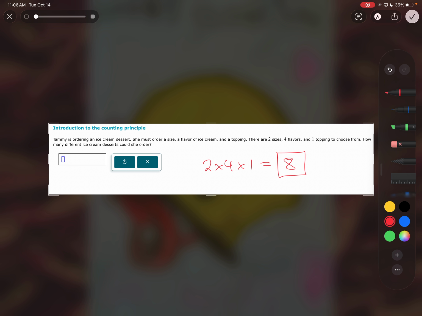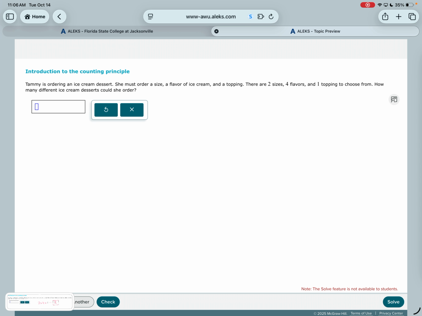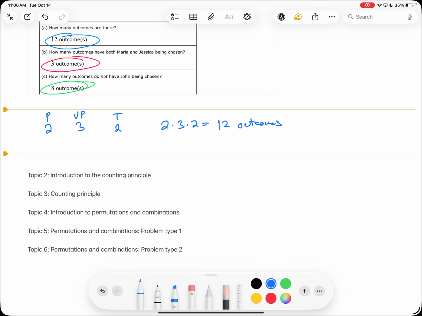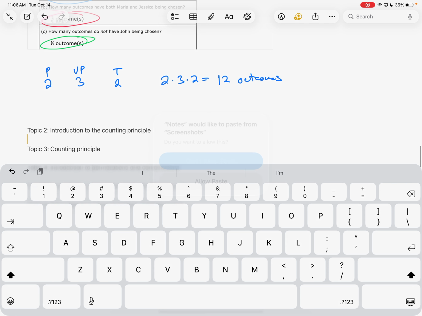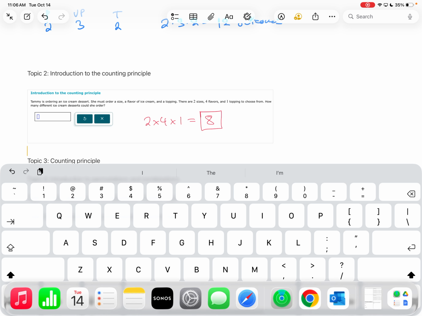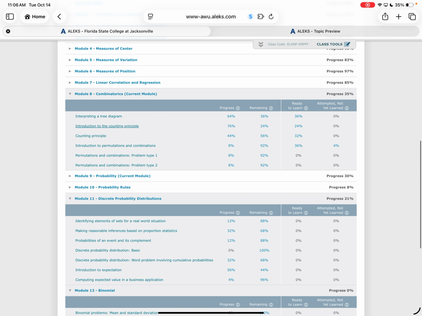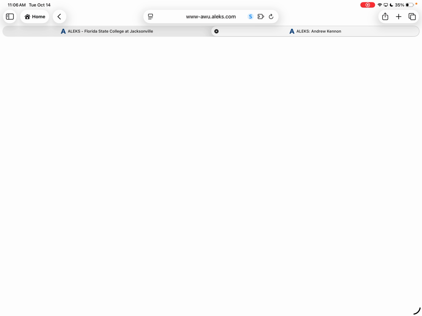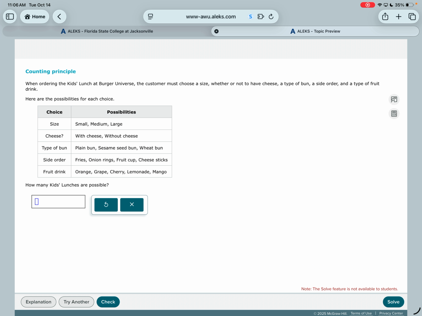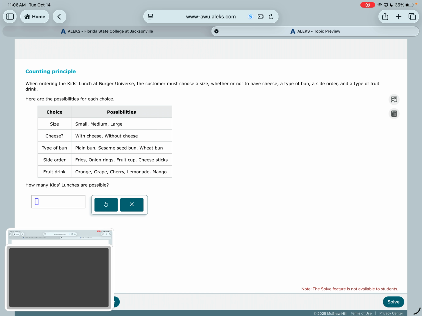So she could go back there 8 different times and get a different combination every time. You just multiply all the choices together, and that will tell you how many different outcomes are possible.